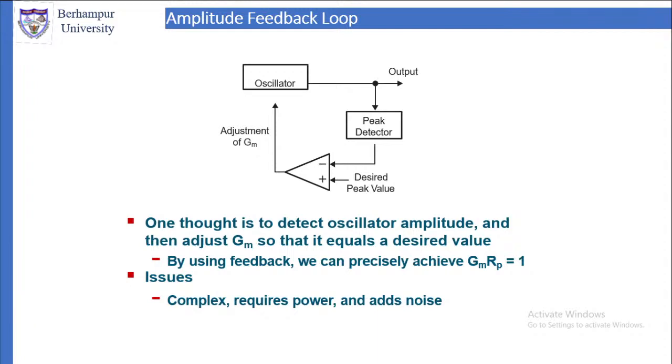The amplification of the amplifier is so adjusted that Gm into Rp is equal to 1. By using this feedback, you can precisely achieve Gm into Rp equal to 1.